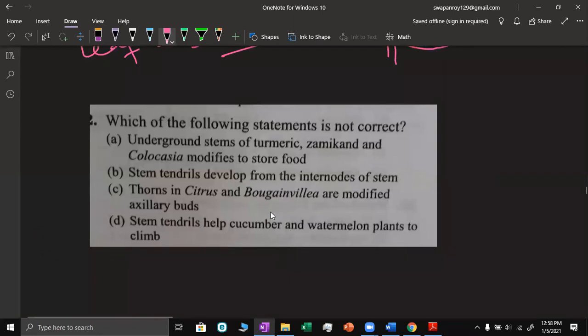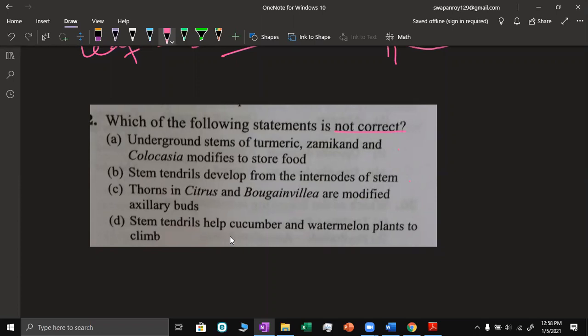Next one, which of the following statements is not correct? Underground stems, turmeric, jamicand, and colocasia are modified for storage of food. A stem tendril develops from the internode of a stem. Thorns in citrus and bougainvillea are modified axillary buds.